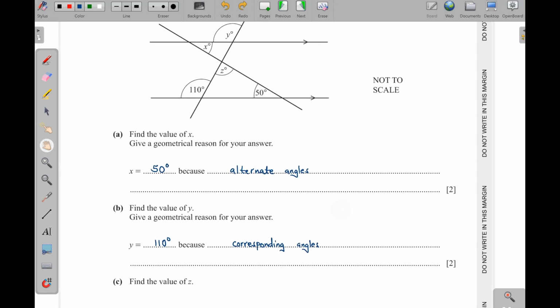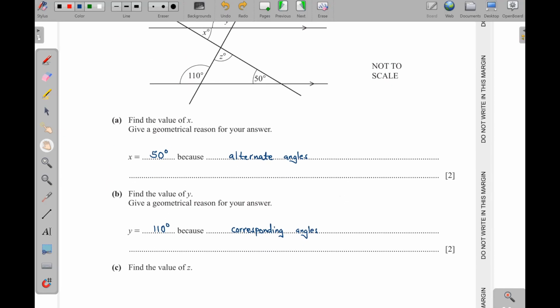Then next, we are supposed to find the value of z. Z plus 50 will always give us 110. So we say the sum of the two interior opposite angles gives the exterior angle.